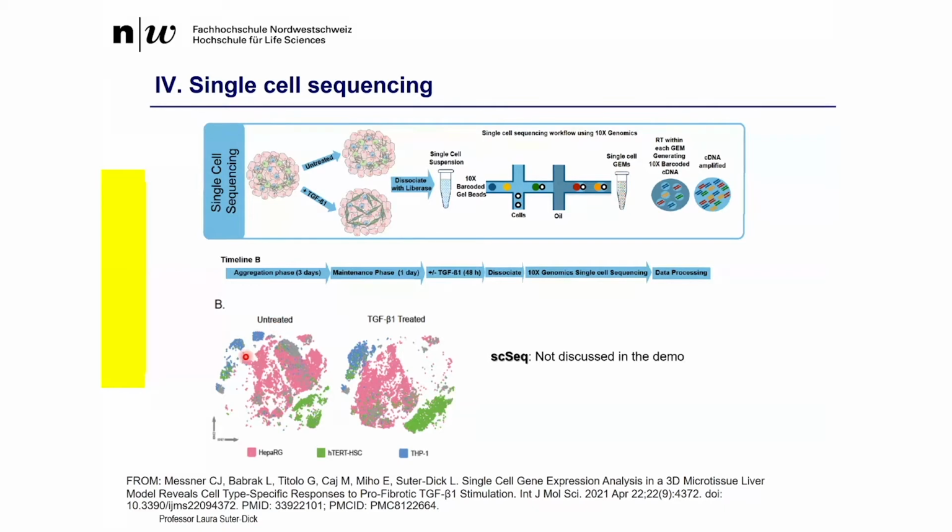So we are able to separate them based on the gene expression, and we can also assess the response. You can see, for example, that in TGF-beta treated microtissues, we seem to have an abundance of THP1 cells, which is something expected. We will not discuss this in the demo though, but it's a possibility.